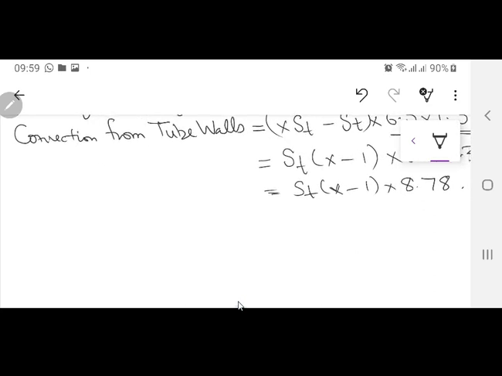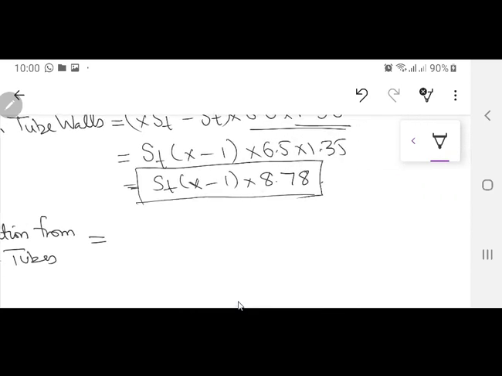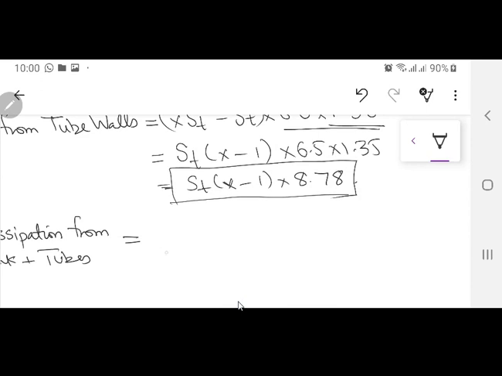Okay, so this is the total dissipation from tank plus tubes. जी, ये थी डिसिपेशन किसकी, ट्यूब्स की। सो टैंक की अगर हम ऐड करेंगे तो दिस विल बी इक्वल टू St मल्टीप्लाइड बाय 12.5, क्योंकि टैंक से तो कन्वेक्शन कंडक्शन दोनों हो रही हैं, प्लस द अपर टर्म दिस विल बी St x minus 1 into 8.78.